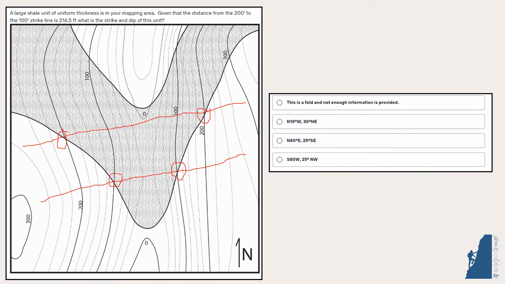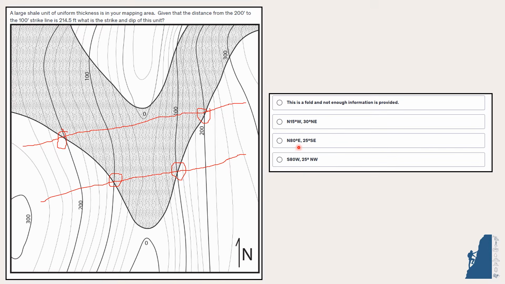So since this 200-foot contour is north of this 100-foot contour, it's higher elevation than this one, we know that the unit is dipping to the south. If we look through our answers over here, we have one option here that's going to the northwest and this option here that's going to the northeast. Well, we immediately know that those can't be right.